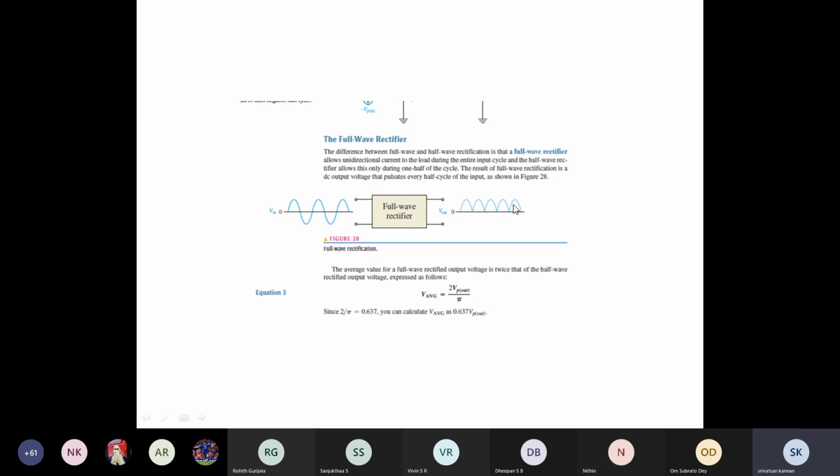So you have both cycles at the output. So how to obtain this? Two diodes. What else is required? During the positive cycle, one diode should conduct, and during the negative cycle, the other diode should conduct. How does this happen?